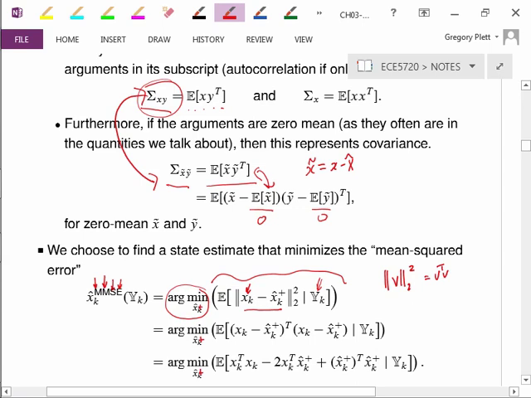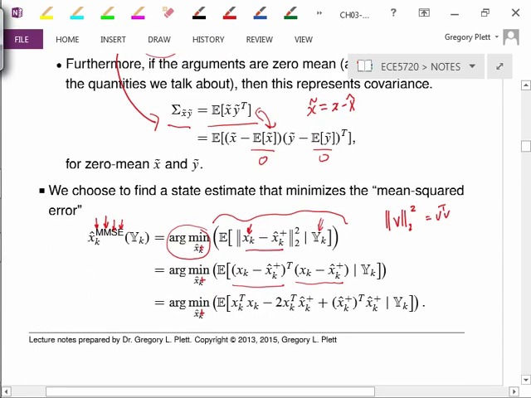Writing that out, the 2 norm squared I can write out as (x minus x hat plus) transpose times (x minus x hat plus). And then I can use standard algebra to work with that a little bit. So I use FOIL. So x transpose times x is x transpose x.